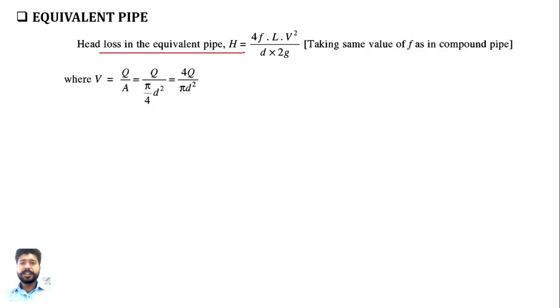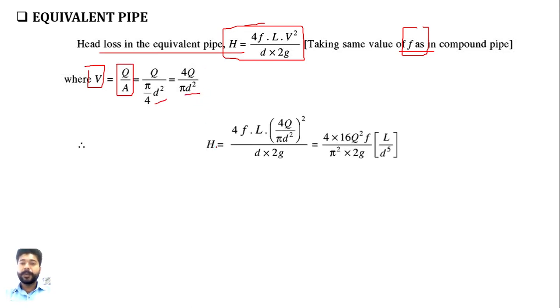Let's say the head loss in the equivalent pipe is 4 F L V square upon 2 g D, taking the same value of F, whereas the velocity V equals discharge divided by area, and area is pi by 4 d square.